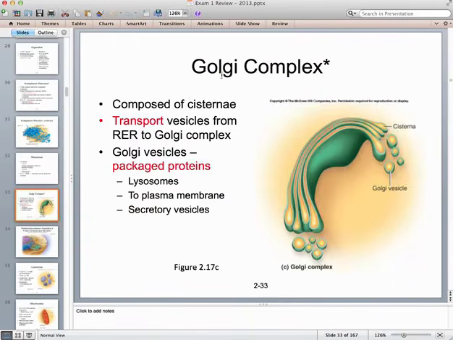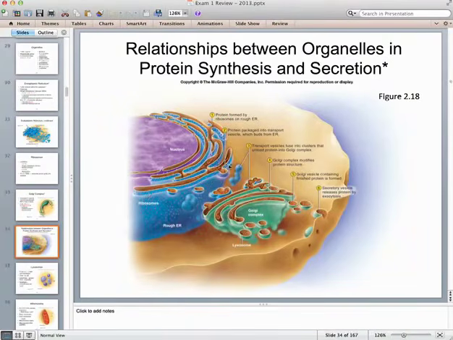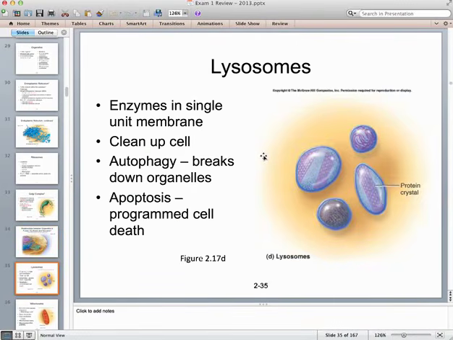And then the Golgi complex, just remember that it's a transport system. The ER will send proteins to the Golgi for further processing and then trafficking. So they may stay within the cell or they may be excreted outside the cell. Lysosomes are simply a way to consume either materials brought in from the outside or materials brought in from the inside.